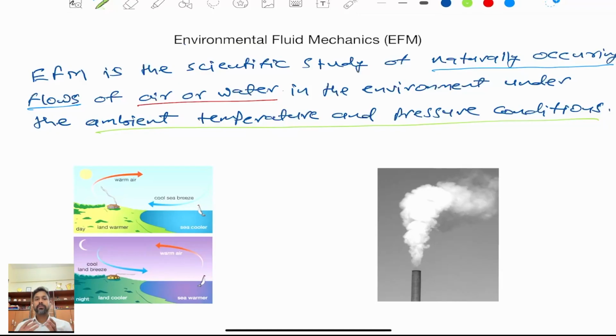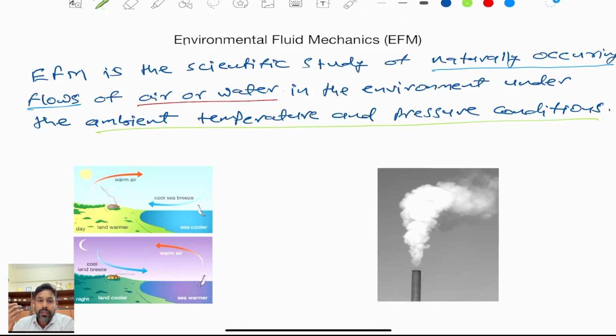So air and water work as ambient fluid most of the time, where we have some other gases or liquids working as contaminant fluid in the system. And that is why in the environment we mostly encounter these two fluids.